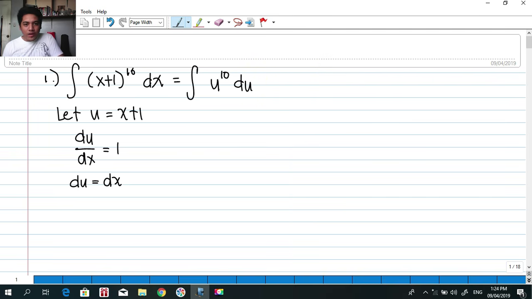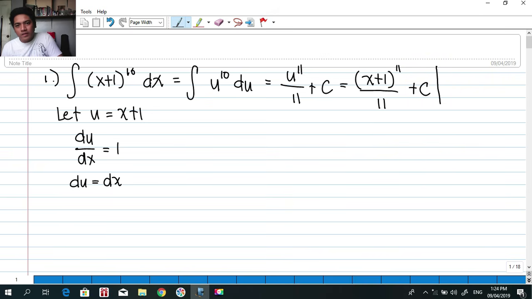Now the integral is simply an integral of a power: u^11 over 11 plus c. When we back substitute u equals x + 1, we get (x + 1)^11 over 11 plus c. That's the integral of our first example.